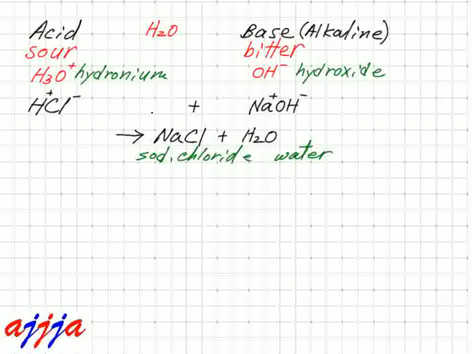In other words, salt water. So if we have poisoning by NaOH, sodium hydroxide, we may need hydrochloric acid to neutralize it and make it salt water. You can save somebody's life.